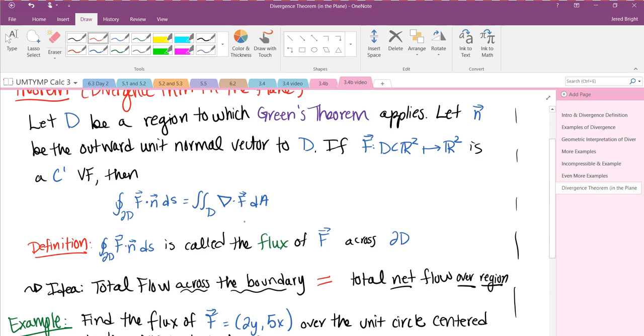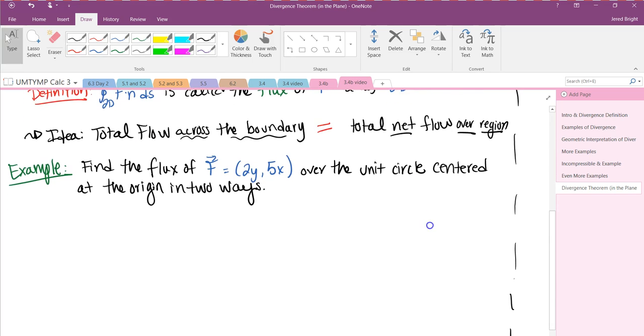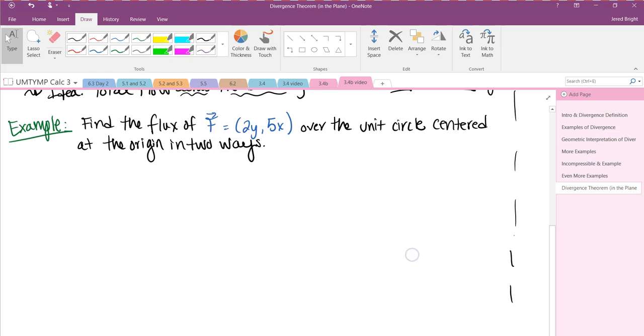Alright, so, foreshadowing. Find the flux of this over the unit circle centered at the origin in two different ways. Again, flux, at least according to the definition, is the integral over the boundary of D of F dot n ds.